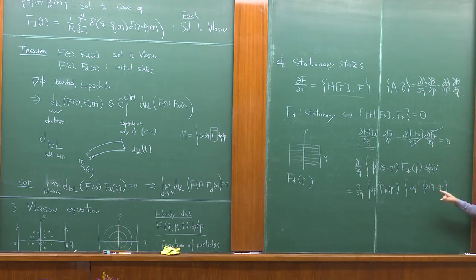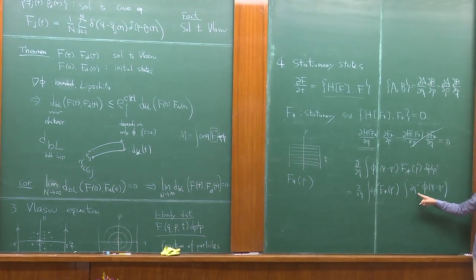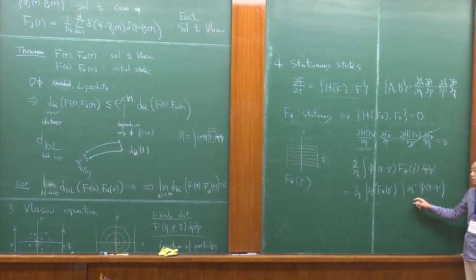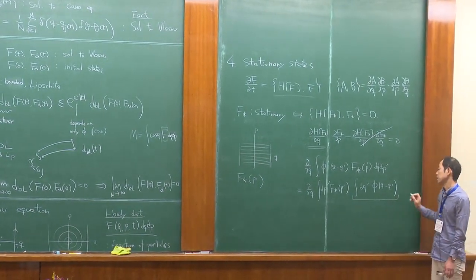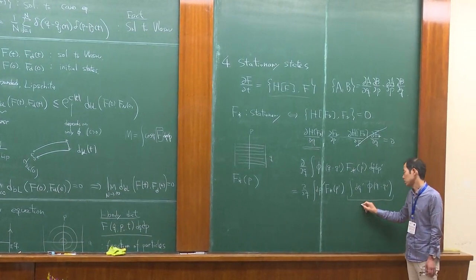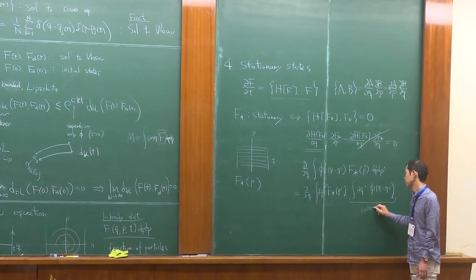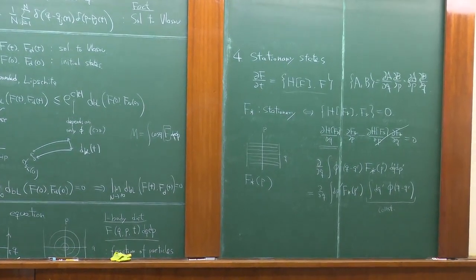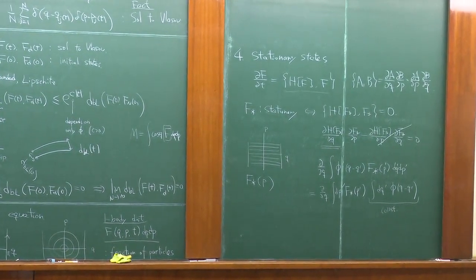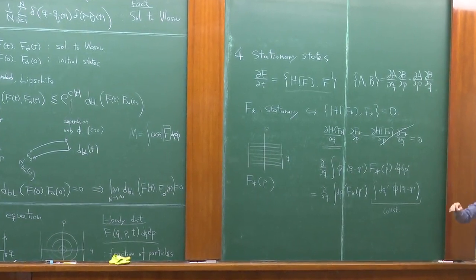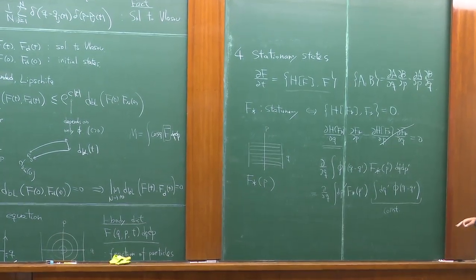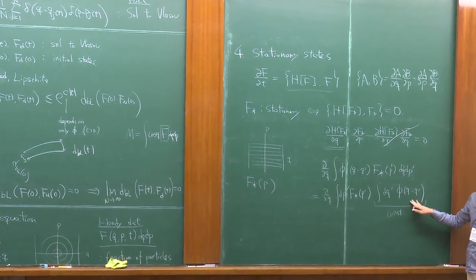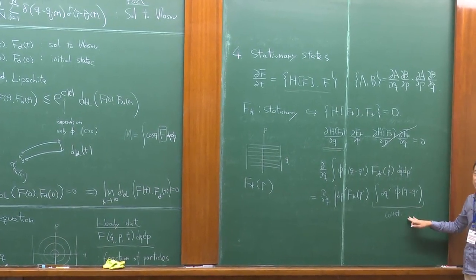And this function phi is a periodic function. So if we integrate over one period, then it becomes constant. Is it clear? If we integrate a periodic function, then the oscillating part is 0, and the 0 Fourier mode remains, but it becomes constant.